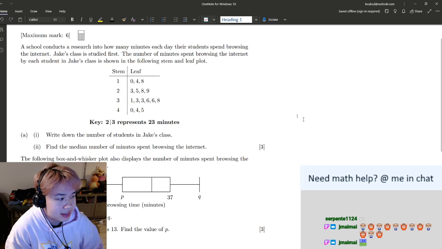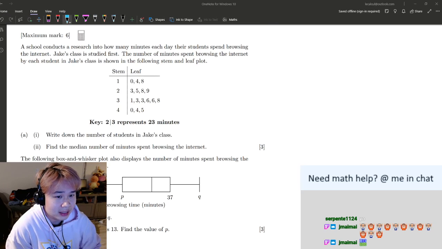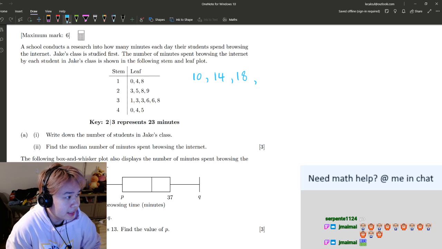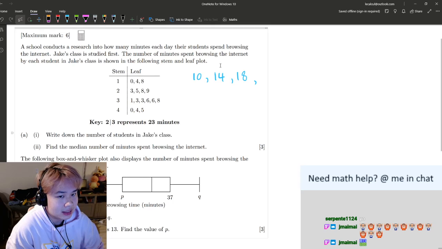I mean, I guess it's efficient, but I don't think it makes it any better to read. So for example, this means that for the students, the times of each student spending on the internet are as followed. So basically it's 10, 14 and 18, and then all of these.